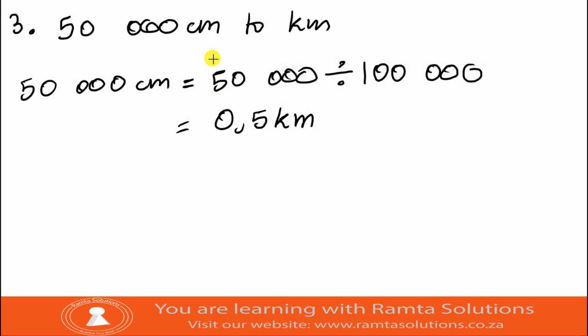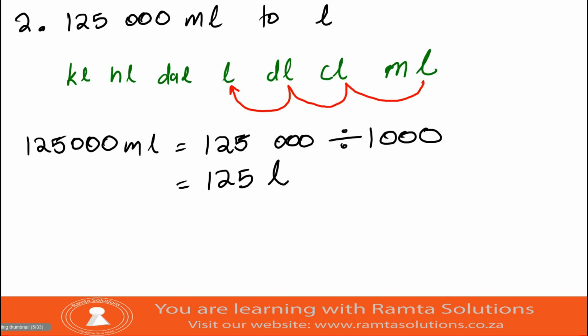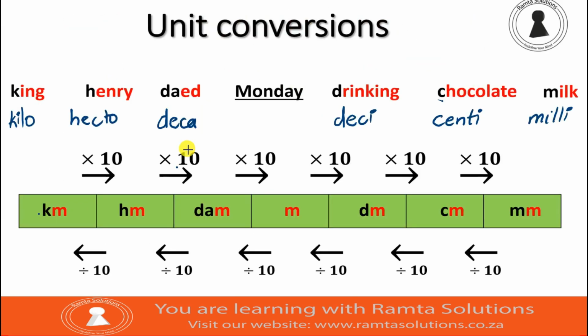Okay? So guys, this is how you do it. Remember, when you move from the left to the right, you multiply. Every step you move is a 10, so you multiply by 10, 10, 10, 10, 10, and so on. How many are here? 1, 2, 3, 4, 5, 6.